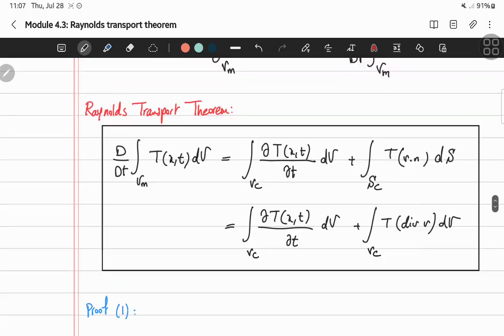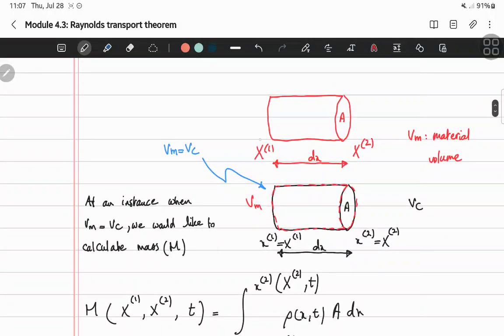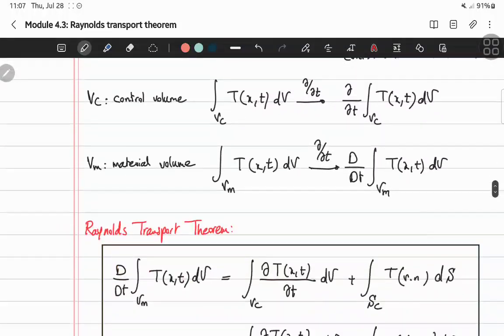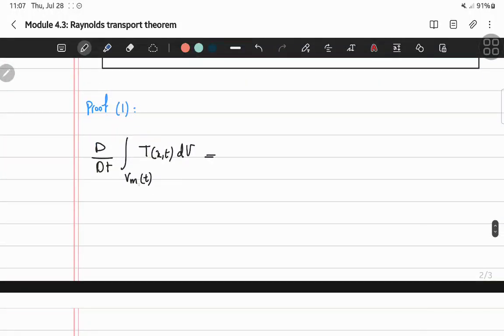It is just moving. So we have, for example, as I already mentioned, 10 molecules, and these 10 molecules are moving until it reaches and coincides with the control volume. So that's why we put t in here.